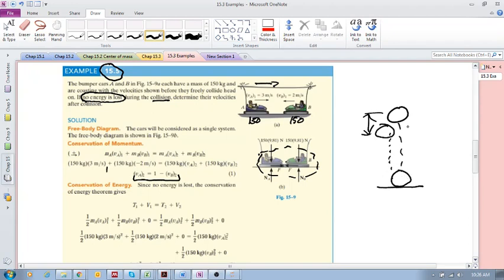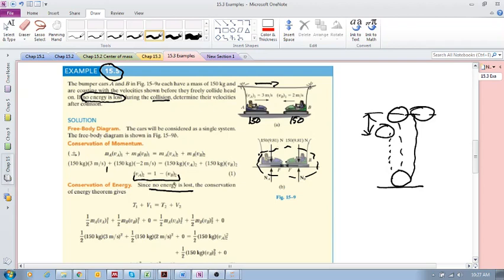However, here we approximate. We make an assumption that during that collision no energy is lost. What does this mean? In this kind of application, the ball goes back to where it came from, the same height. No energy is lost.